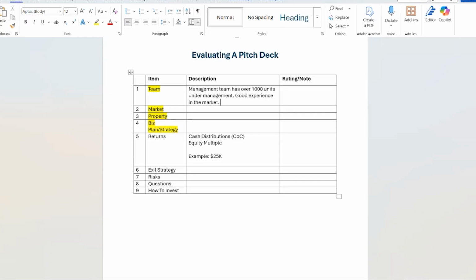This team has over 1,000 units and has invested in North Carolina before. Like, I may ask about their previous deals. How are your properties performing in North Carolina? So this is what I'm thinking. But so far, they're not new to the game, at the very least. We know they're not new to the game.